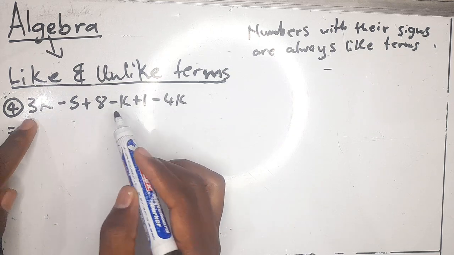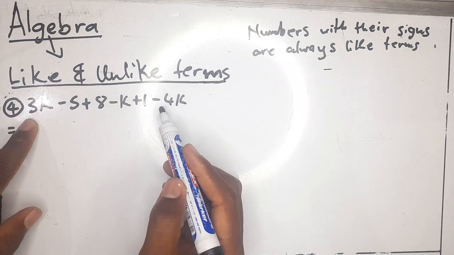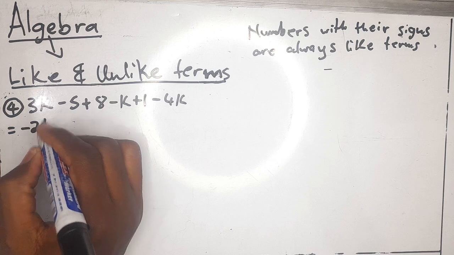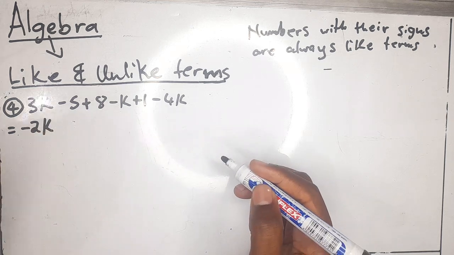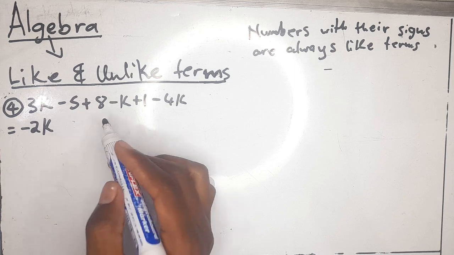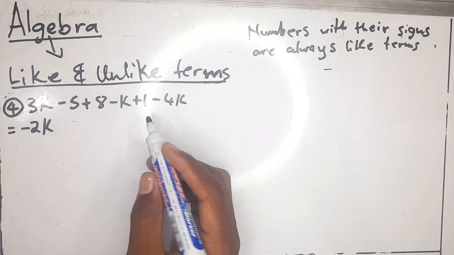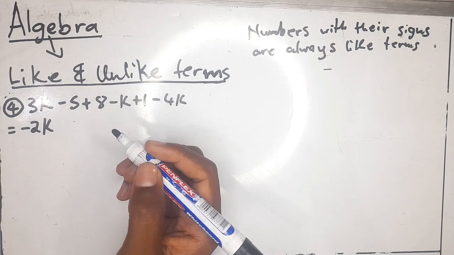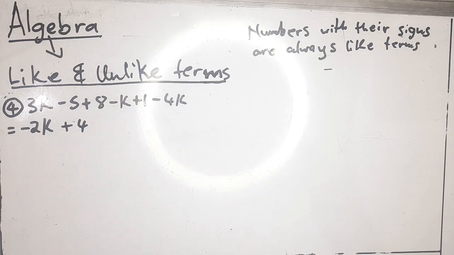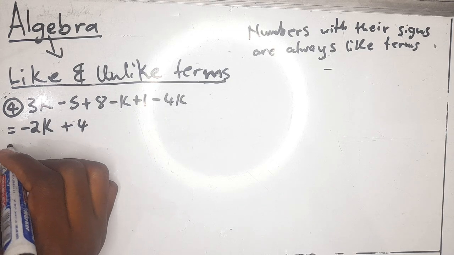So it's 3 minus 1 minus 4. This is going to give you minus 2k. Numbers are like terms. So minus 5 in your calculator plus 8 plus 1 is going to give you 4. There. Okay. Moving to number 5.